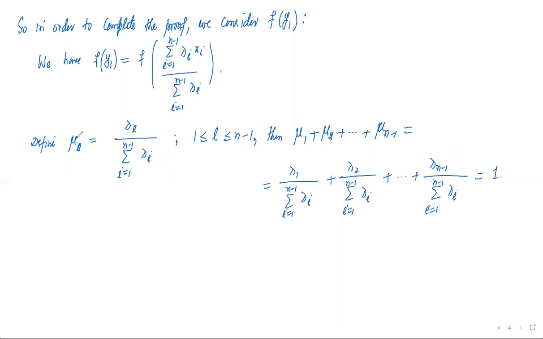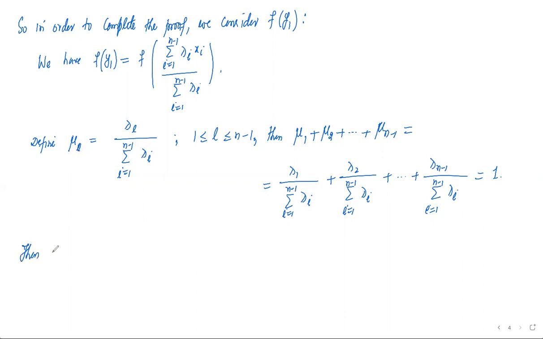So we have defined these n minus 1 real numbers, which are all positive because they are defined for the positive real numbers only. So their sum is equal to 1. Now we will use the convexity of the function f for these n minus 1 scalars.